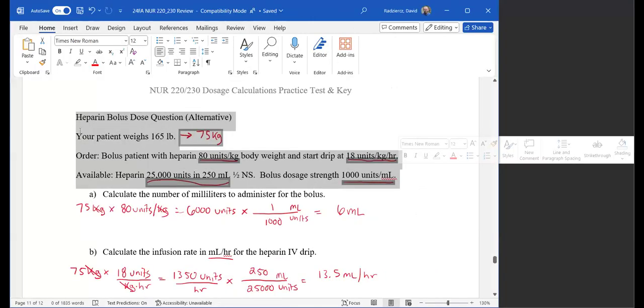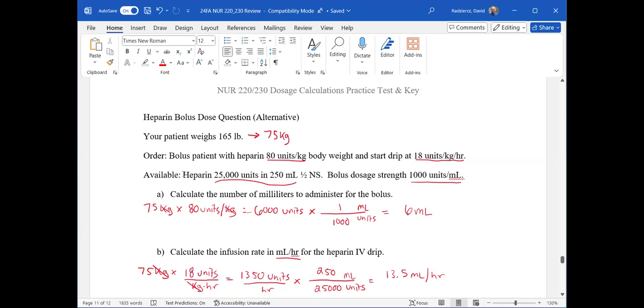So you can see I gave you the order, and then I gave you the available, and then you have the patient's weight. So you have all the information you need right there without having to look at all the different numbers of the protocol. So just so you know, I'm slowly trying to get this to be administered into your test. I just don't know who to give that information to yet. So we're still working on it.